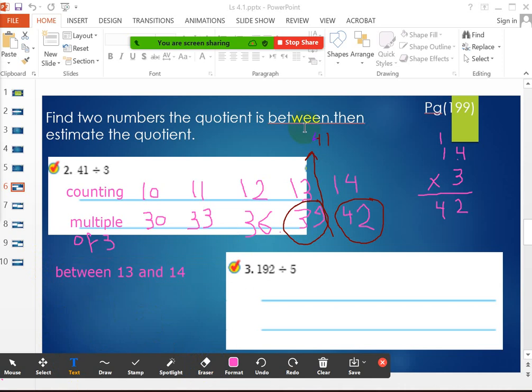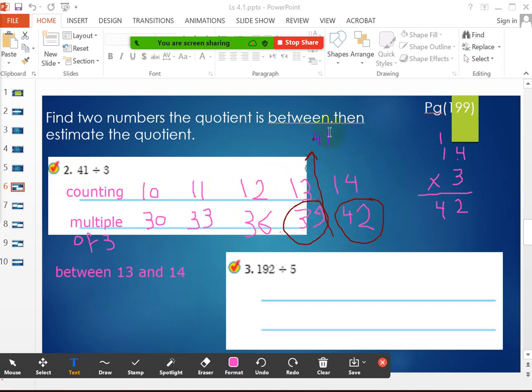Look, the answer or the quotient here will be between 13 and 14, because 41 is between 39 and 42. So the multiple will be between those two numbers.